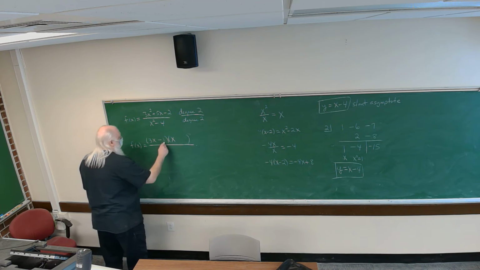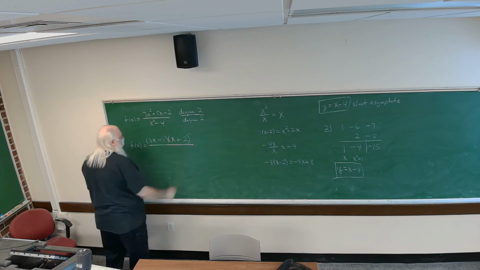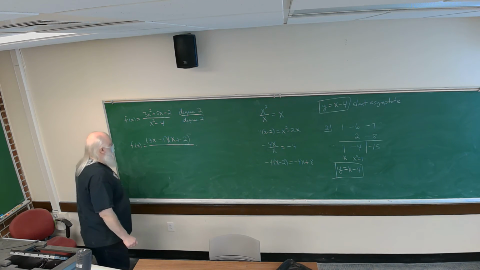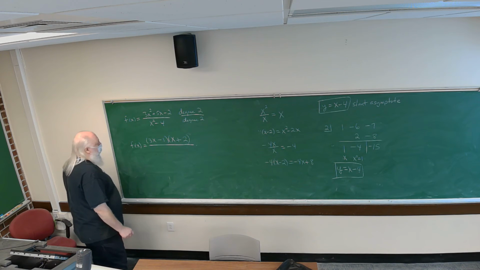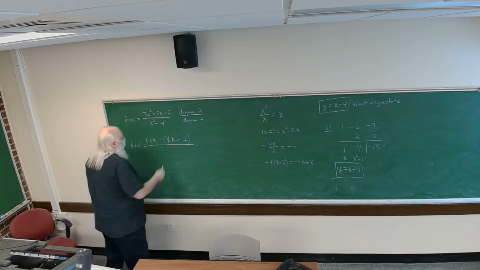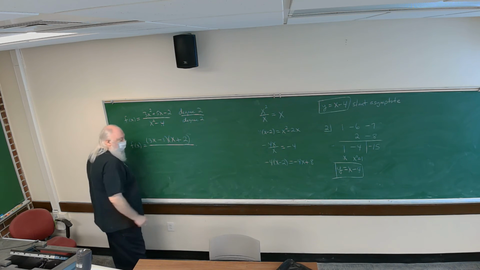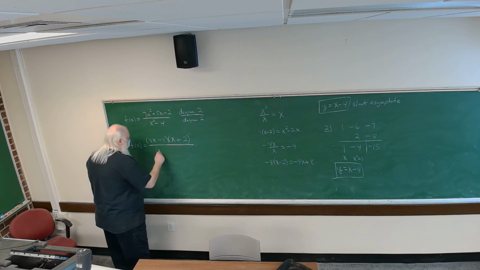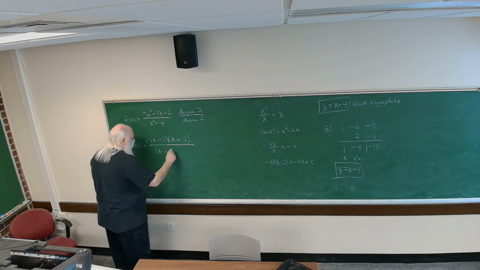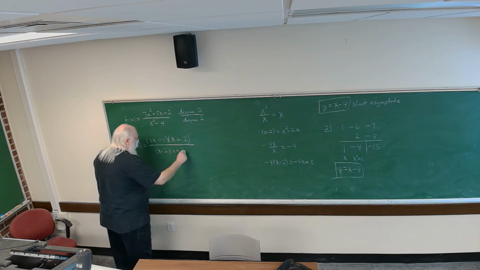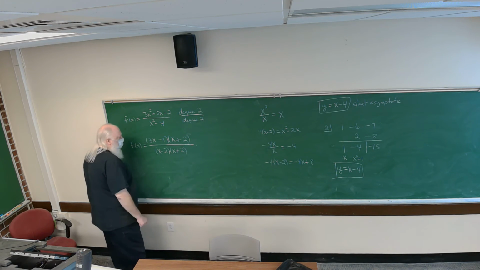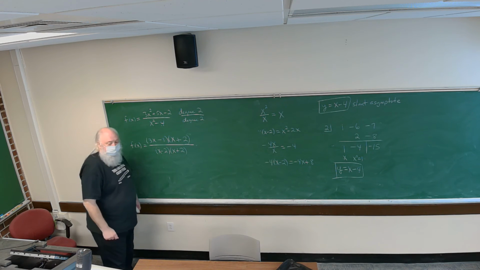Oh, it's going to be minus 1 plus 2. 3x squared, 6x minus 1x is 5x. And then x squared minus 4 is the difference of squares. It factors into x minus 2 times x plus 2. You see a common factor?